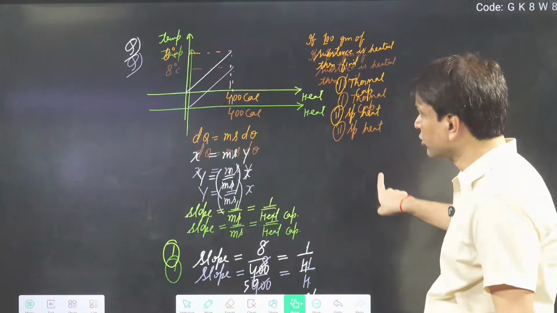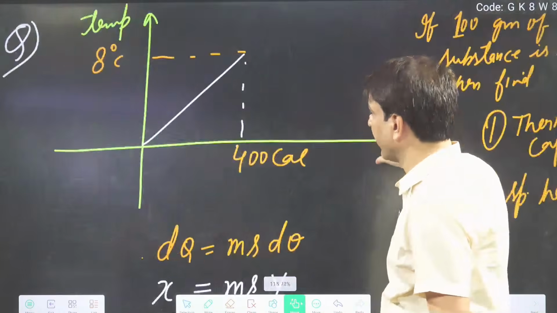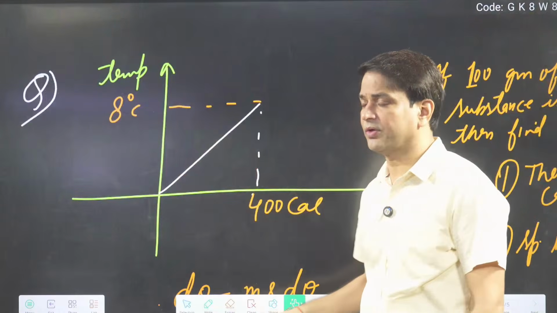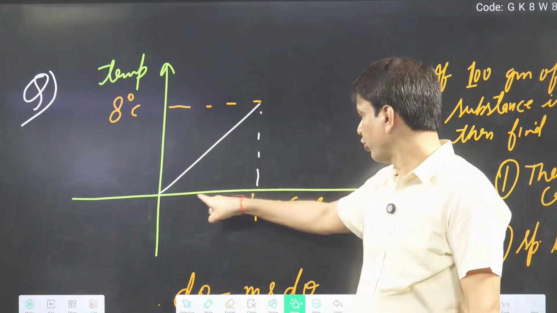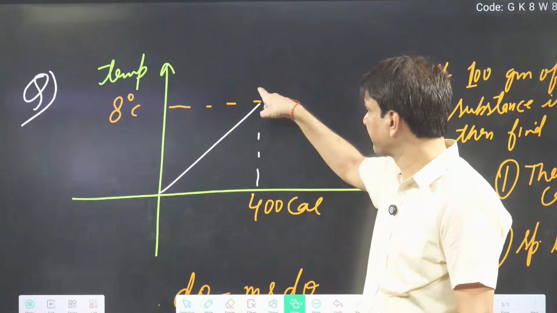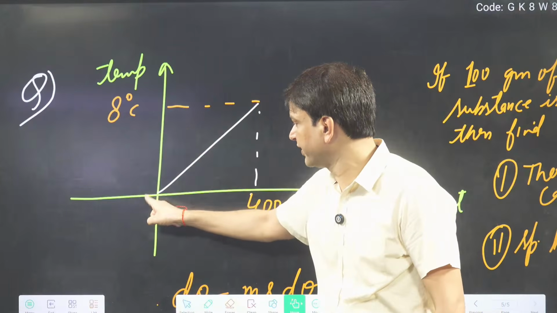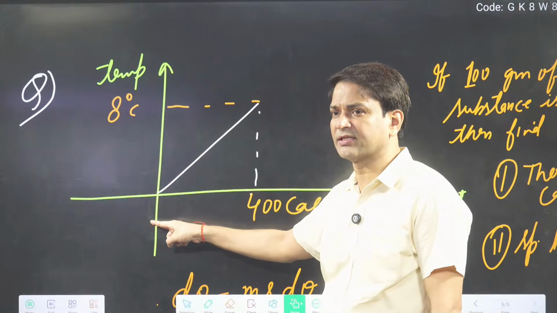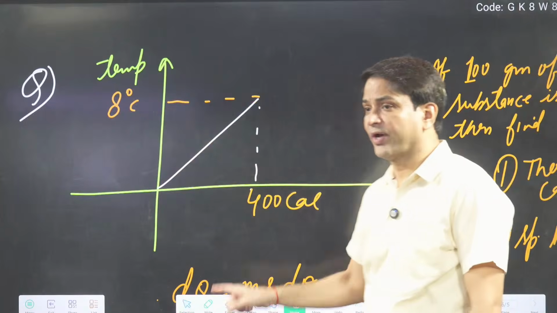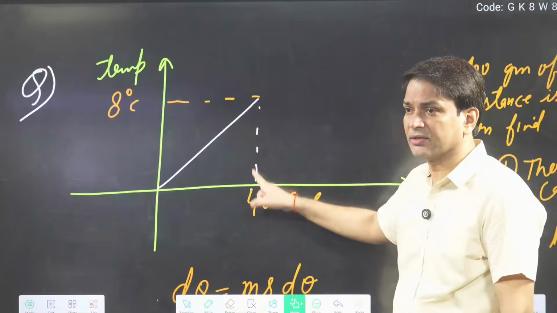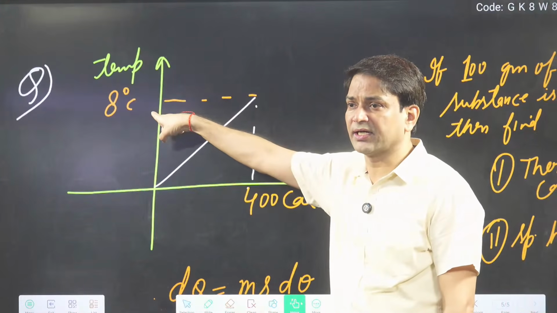Okay, without using slope, how can we find it? If you see the graph, it absorbs 400 calorie of heat, then the temperature changes from 0 to 8. This we will consider not given, and we will consider origin as 0. So when it absorbs 400 calorie heat, delta theta is 8.